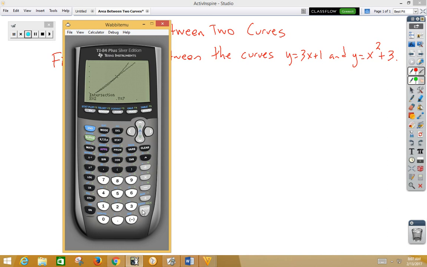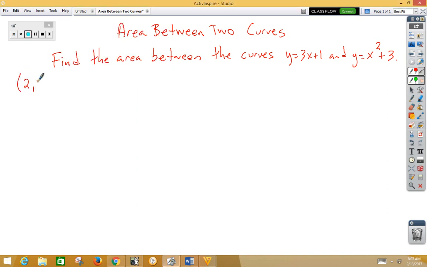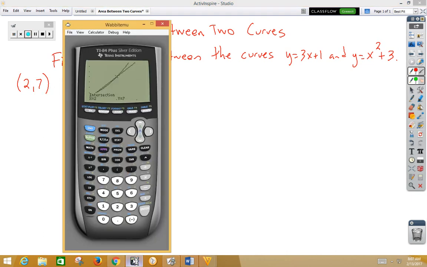On the AP test, it's a pretty good idea to copy down both the x and the y value, because you never know later on in the problem whether you're going to need that y value. So that's our first intersect point. Now let's repeat the process and get the left intersect point. I need to be to the left of this intersect point.